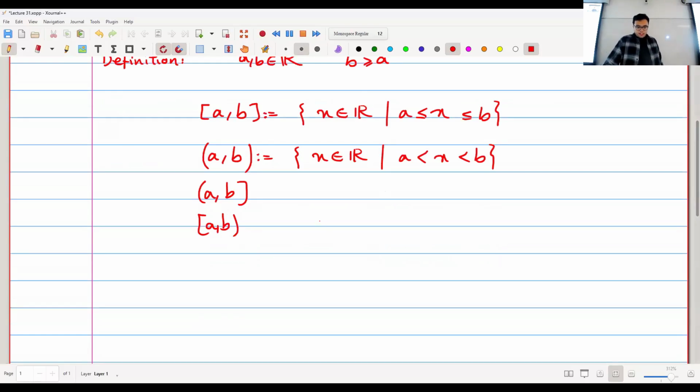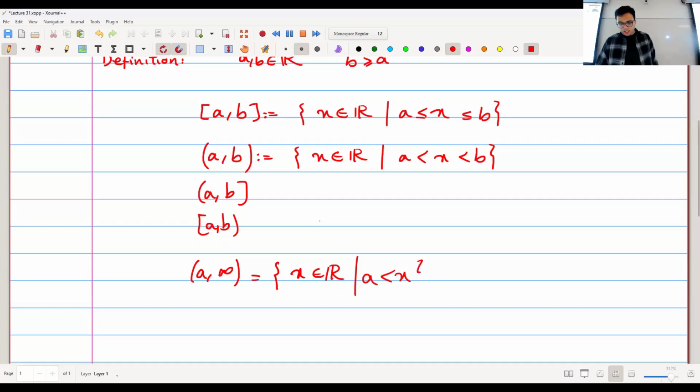I also want to define this thing. I want to say A, and I just put an infinity here. This is also going to be a set. This is an infinite segment. Actually, all of these segments are infinite, but this is a segment of infinite length. It's all X's in R such that X is bigger than A, but I don't have an upper bound.